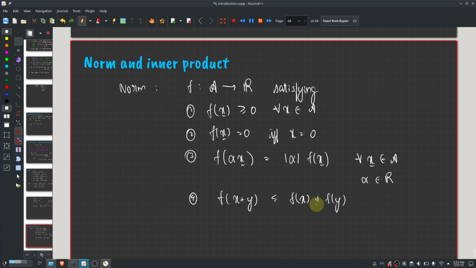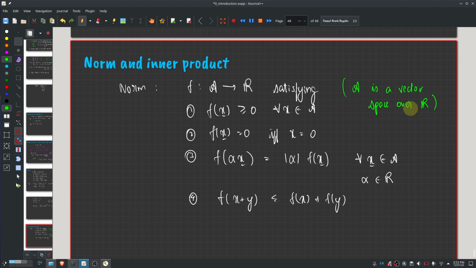Sir, A is a subset of which one? A is going to be some vector space over the reals. So the underlying assumption is that A is a vector space over the set of reals. Right?